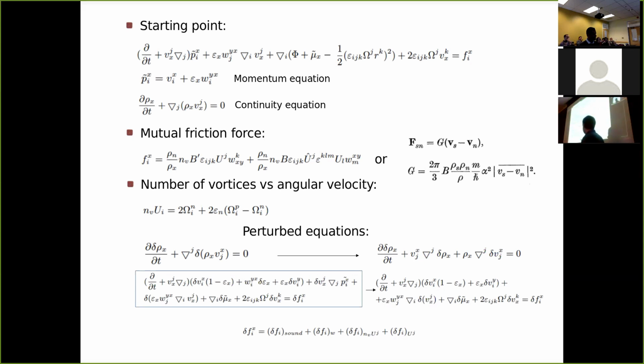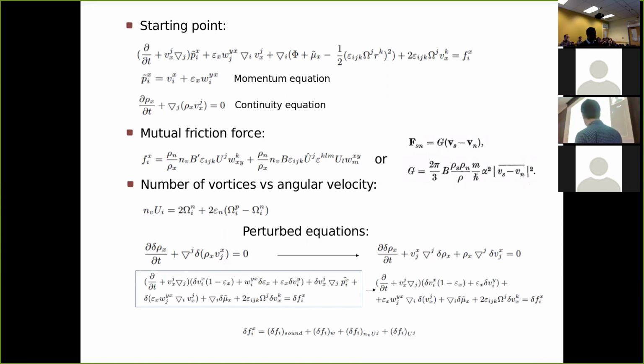For example, the part that corresponds to sound waves, the part that corresponds to the velocity difference between the components, the part that corresponds to the change of the number of vortices, and the one that corresponds to the change of the vortex vorticity vector.